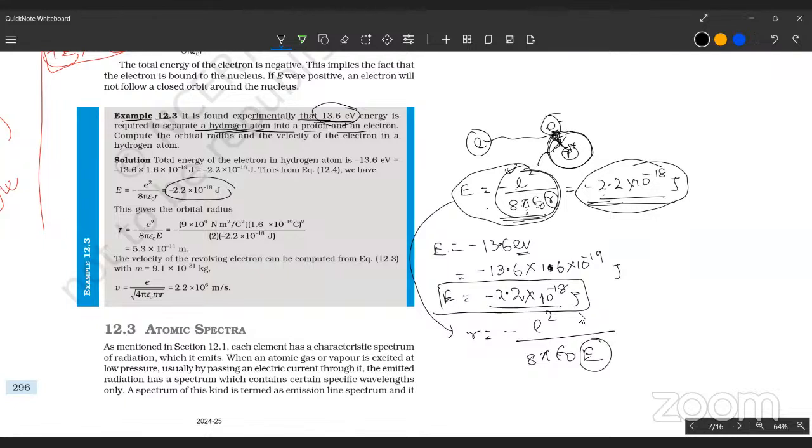E value is this one in joule. Remember, don't put the energy in eV in the formulas, because mass, radius, everything is given in SI units, and eV is not. Joule is the SI unit, so you have to convert eV to joule when you put the energy in the formula. Keep that in mind.